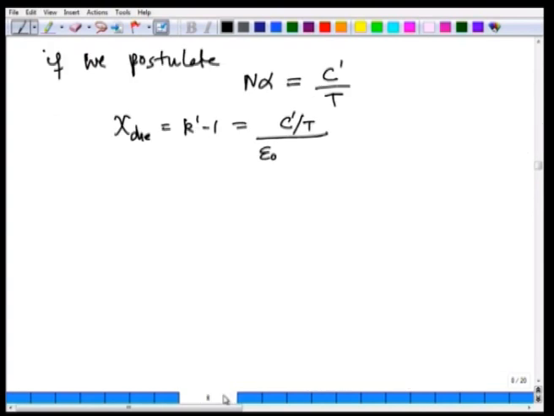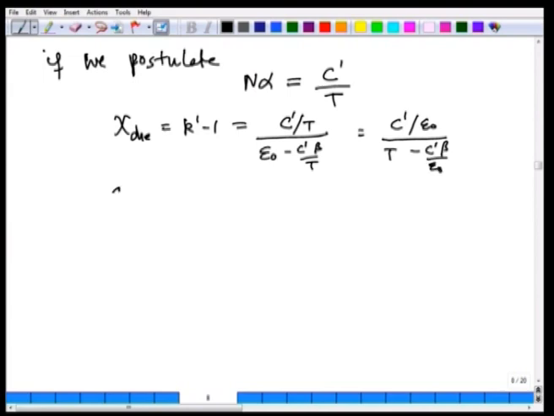So, if I do that, this is epsilon naught minus C prime beta by T, which I am going to write as C prime by epsilon naught divided by T minus some C prime beta by epsilon naught.